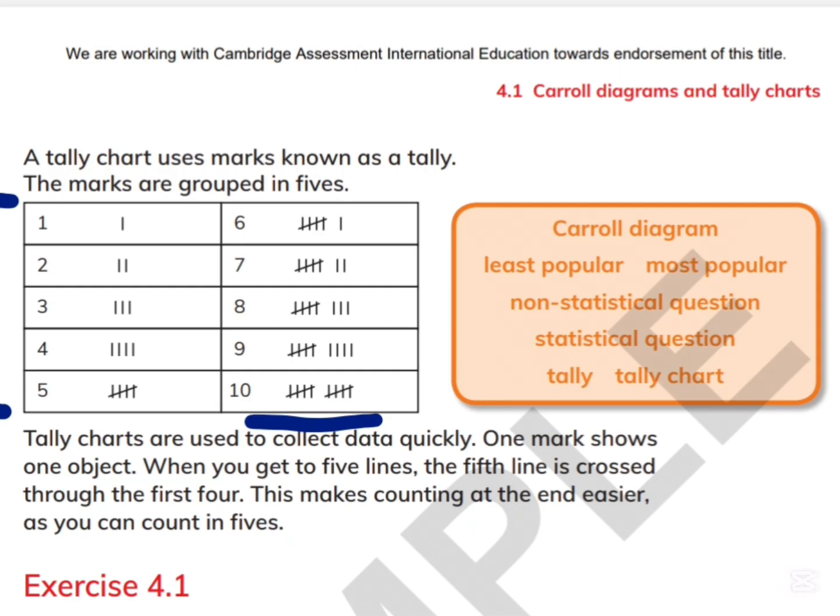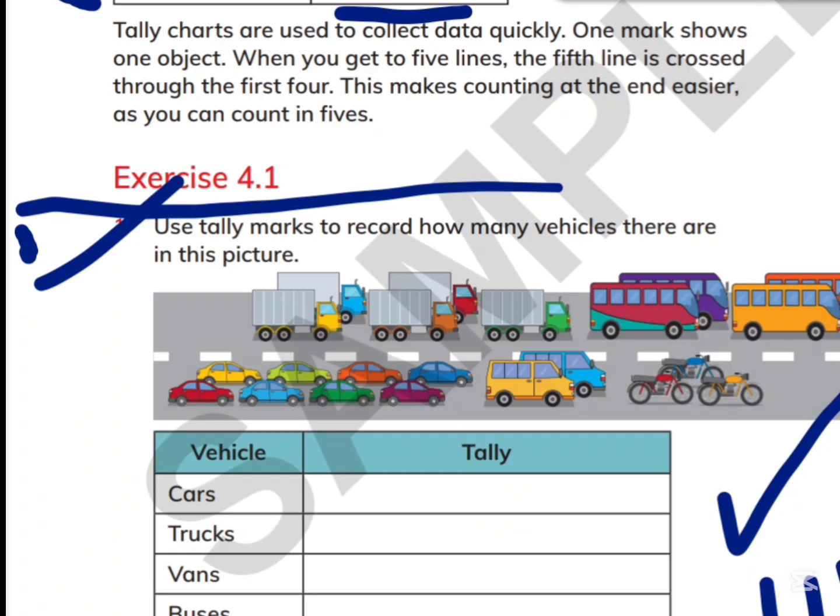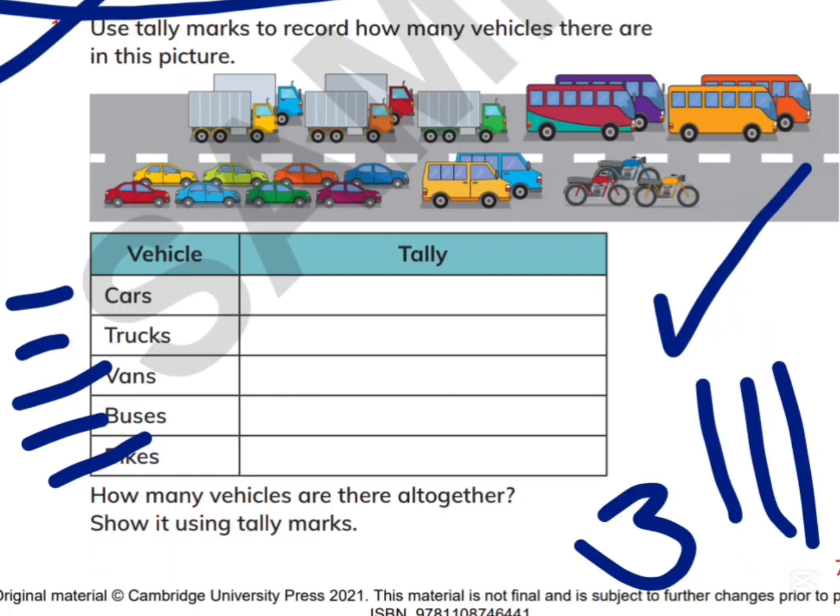All right. Okay, now exercise 4.1 has started. Question number 1 is use tally marks to record how many vehicles there are. Okay, there are so many vehicles we can see in the picture: cars, trucks, vans, buses, bikes. So what we will do, first of all, we will count cars. 1, 2.